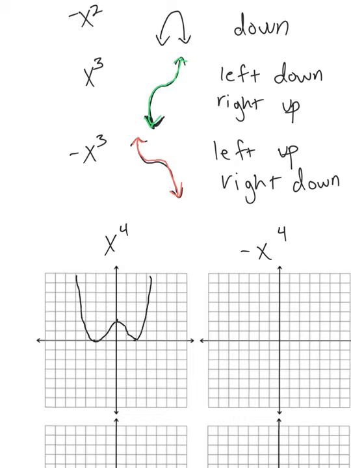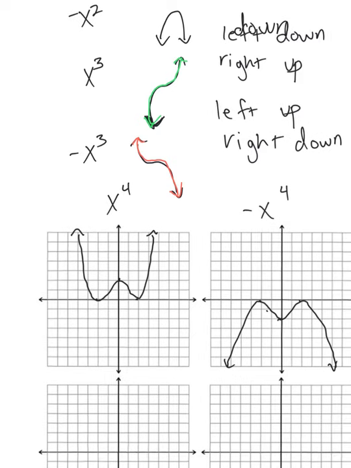It's kind of like a parabola, but there's a hump in the middle. Imagine if there was a hump in the middle of the parabola, per se. And the negative x to the fourth is just like that, but going the opposite way, down. So it's kind of like an M or W. Our negative x to the fourth is like that.